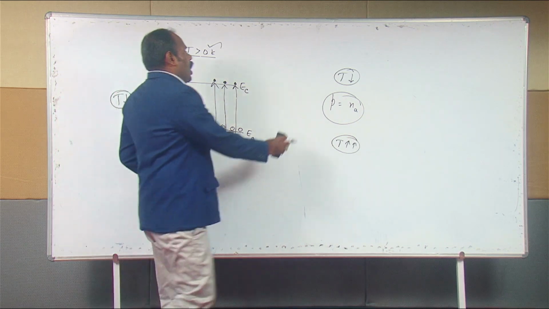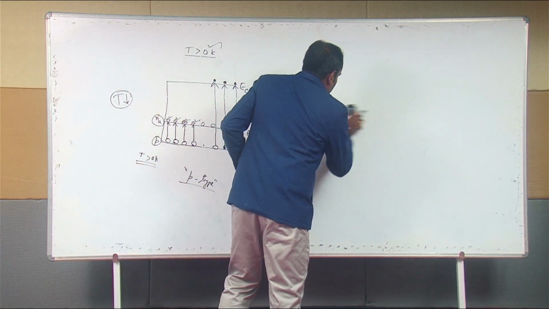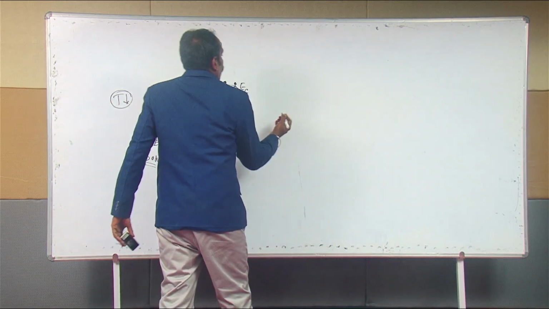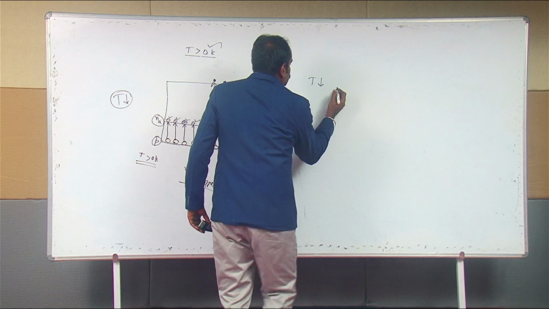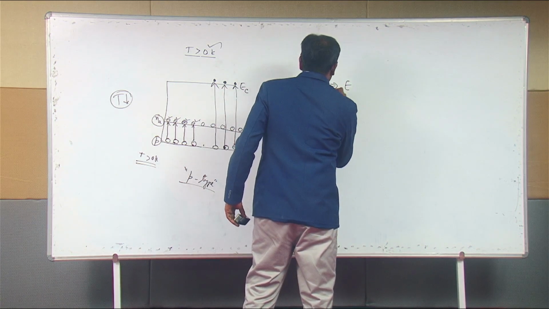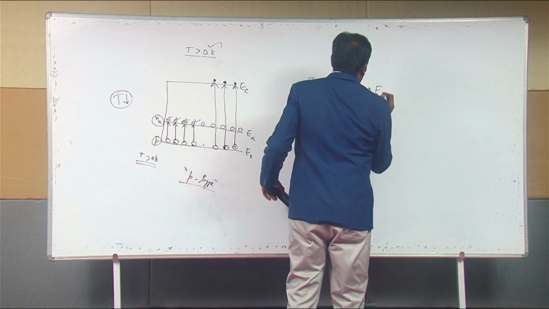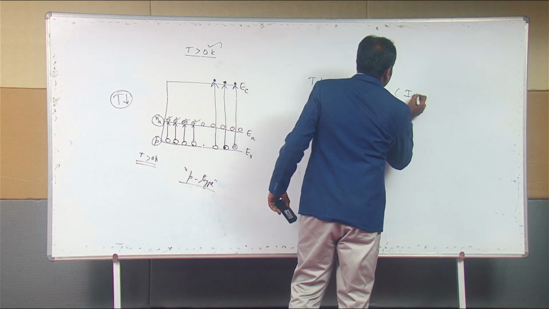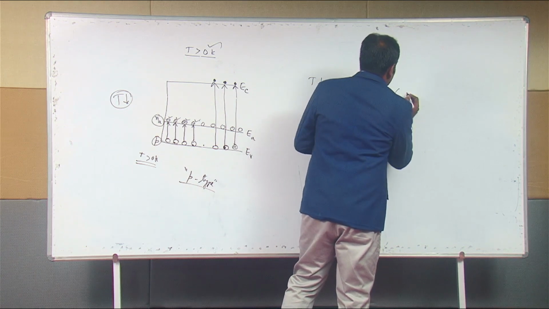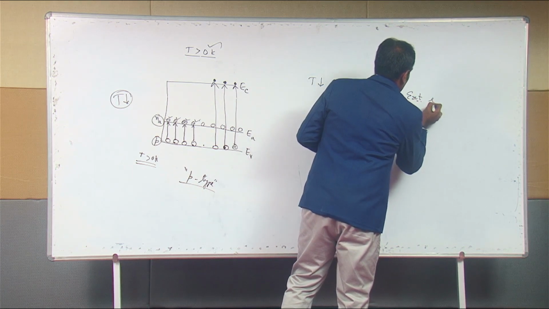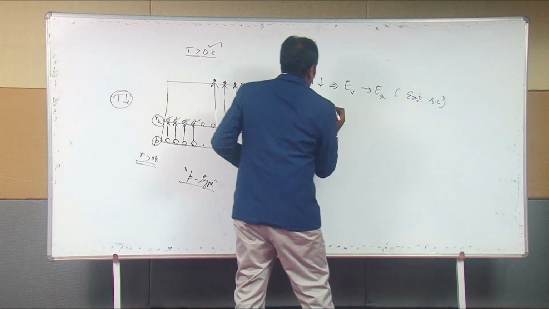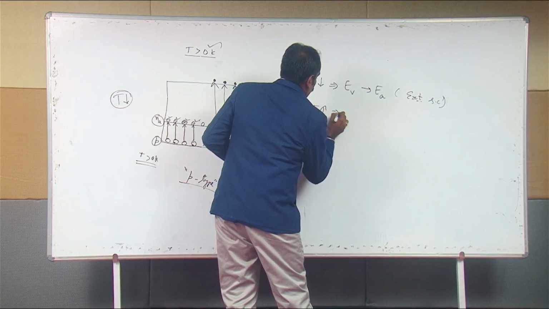So as we summarize, what happens at the lower temperature? Electrons move from the valence band to the acceptor energy level, and we call this the extrinsic behavior. And at the higher temperature, what is happening?